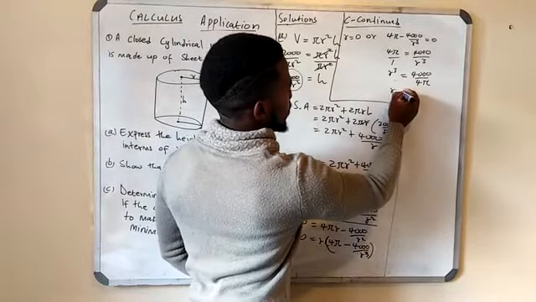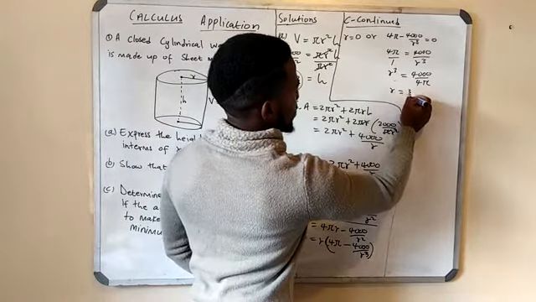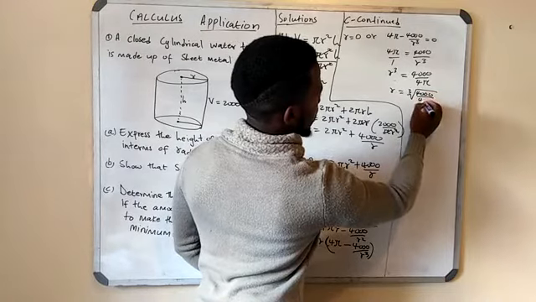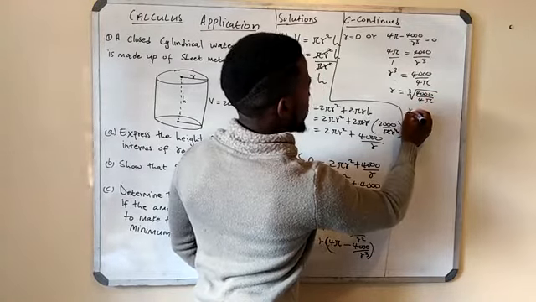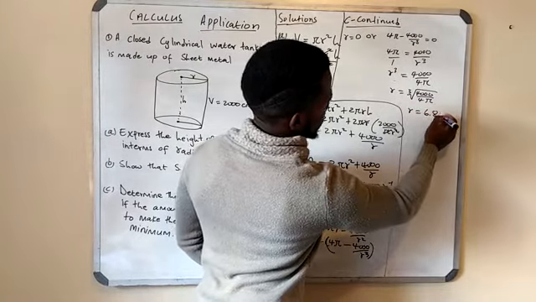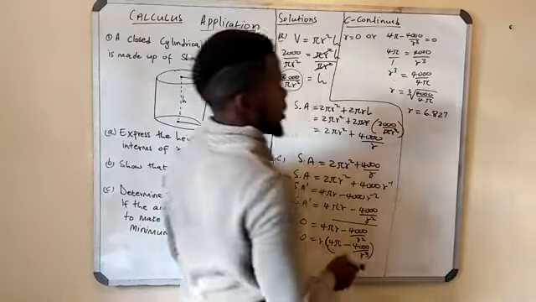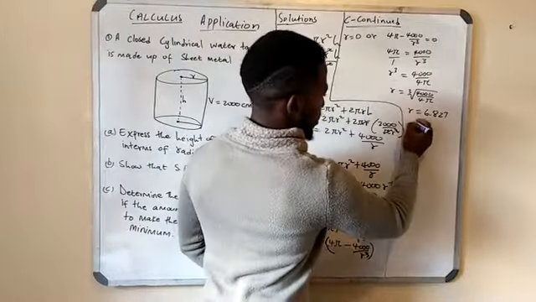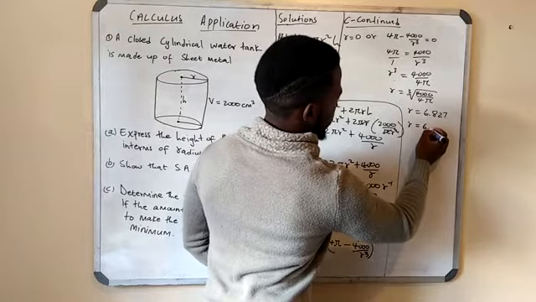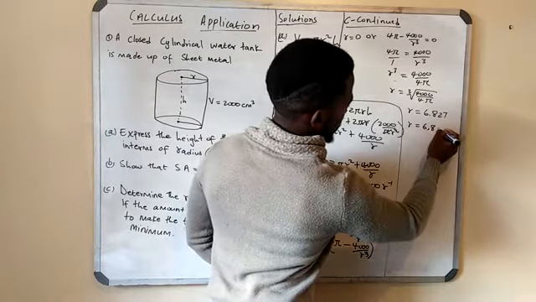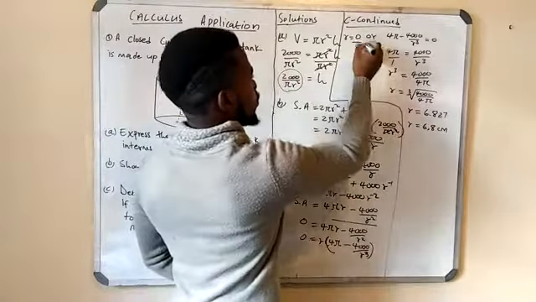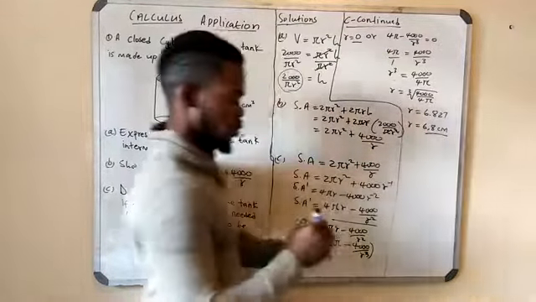So r is equal to the cube root of 4000 all over 4π, which will leave us r being equal to 6.827. I think we can say this is going to be r equals 6.8 centimeters. So we have two values of r here.